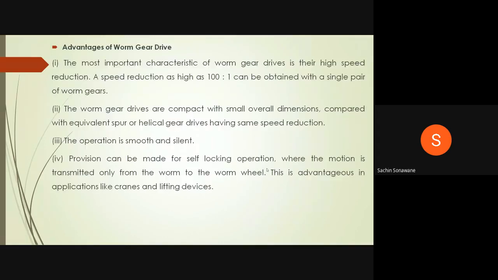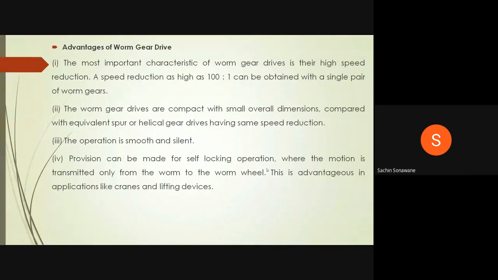Advantages of worm gear drive. First, the most important characteristic of worm gear drives is their high speed reduction. A speed reduction as high as 100 to 1 can be obtained with a single pair of worm gears. The worm gear drives are compact with small overall dimensions compared with equivalent spur or helical gear drives having the same speed reduction.